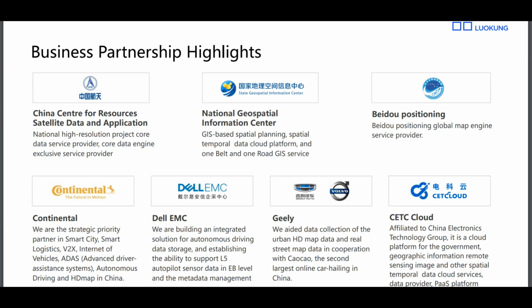And guys, it is quite interesting for me to see how many big, global companies are actually the business partners of Luokung Technology, like China Center of Resources, Satellite Data and Application, National Geospatial Information Center, BDO Positioning. Okay, these are the Chinese companies, but then let's move on to the global companies. Continental, Dell EMC, Geely Auto.